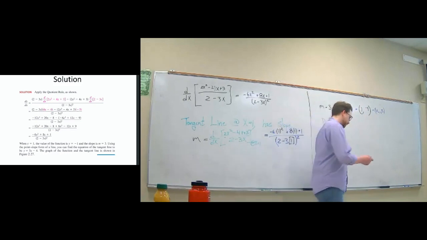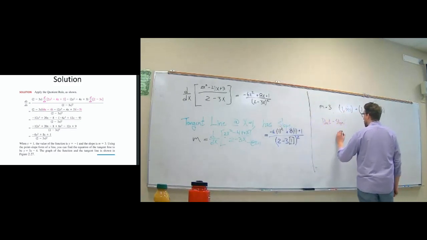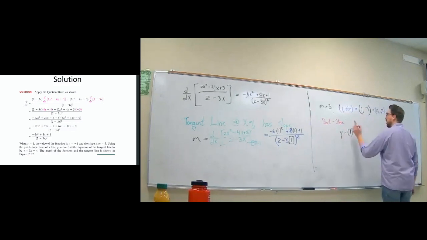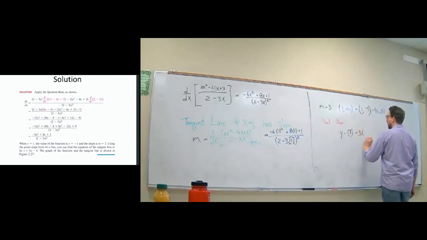Point slope form tells us y minus negative 1 is equal to m, which is 3, times x minus 1.